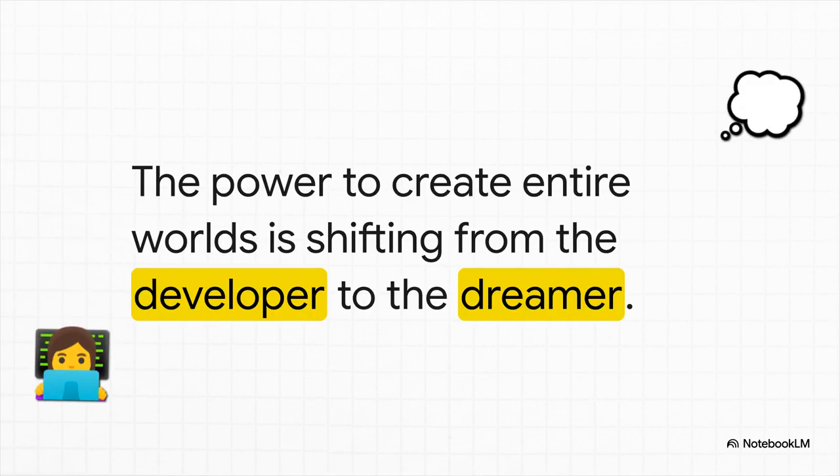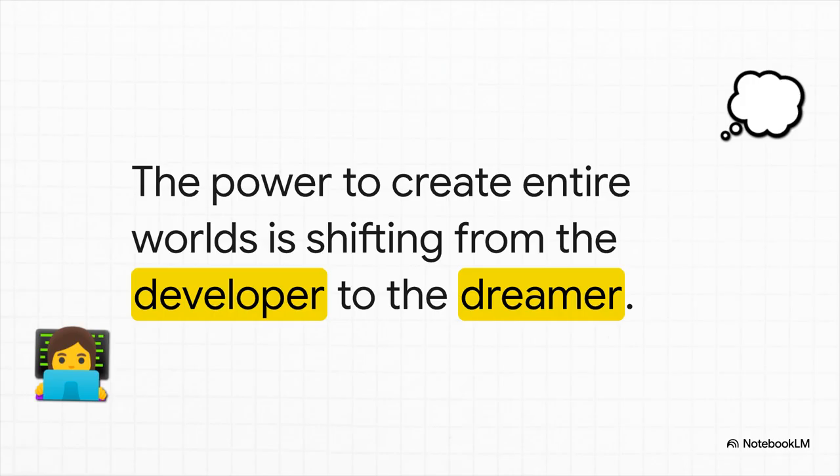But ultimately, what this is all really pointing to is this fundamental shift, a democratization of creation. For decades, if you wanted to build a digital world, you needed a whole team of developers, of artists, of engineers. With something like Genie 3, that power starts to shift, away from the developer and over to anyone with an idea.